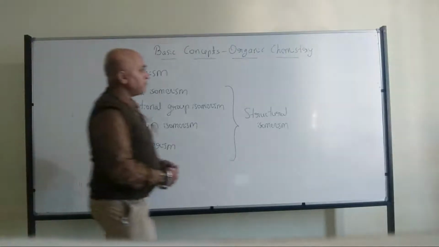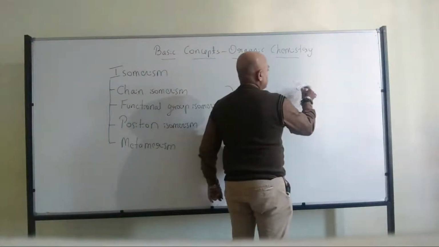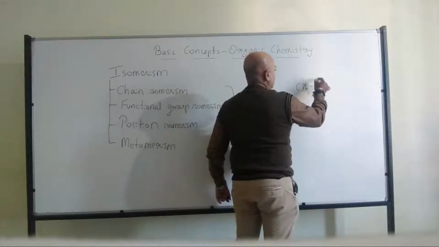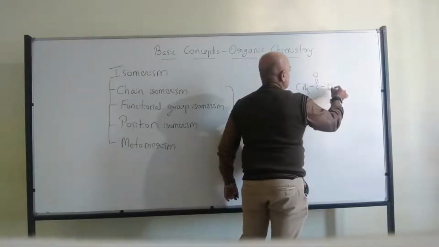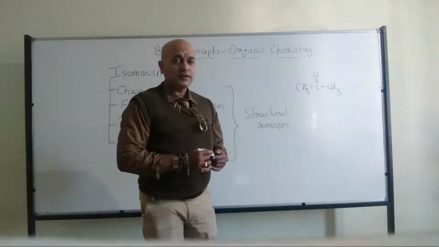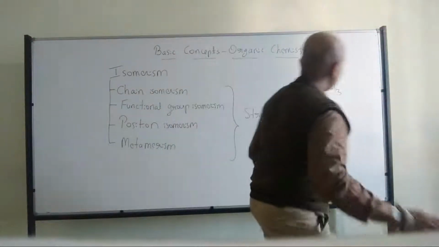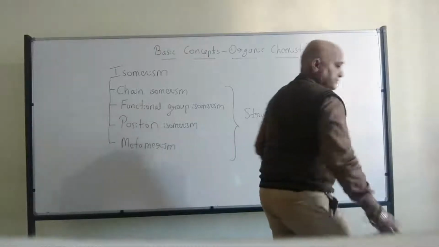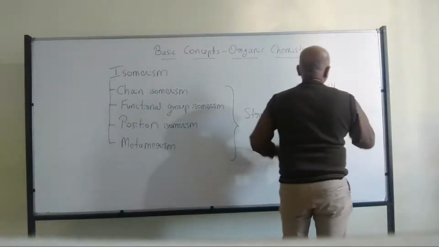Okay, see for example, so don't get confused. See for example, I have CH3, CO, CH3. So this is one molecule. Oh, okay, this one I cannot tell. I have to take pentane.